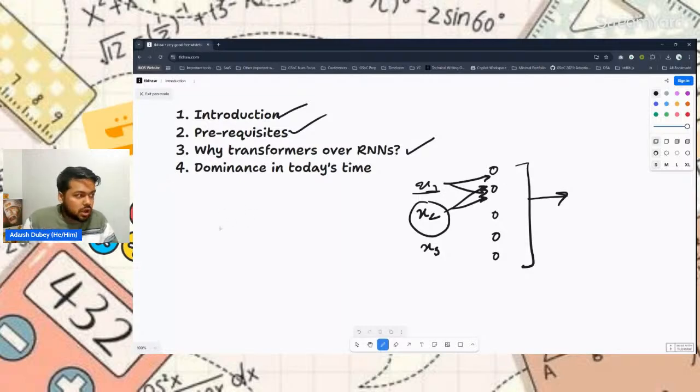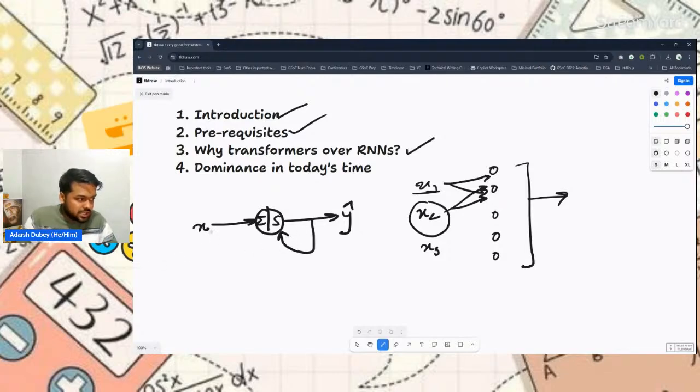What are RNNs? RNNs are basically feedback neural networks. Suppose I have a data point X and it goes to a neuron which has some summation and, suppose, a sigmoid function or whatever function, and produces Y. Now this will go back to the neuron for the next data point.